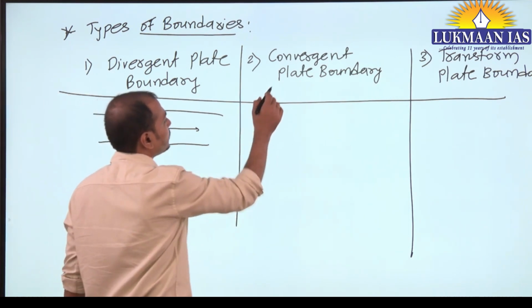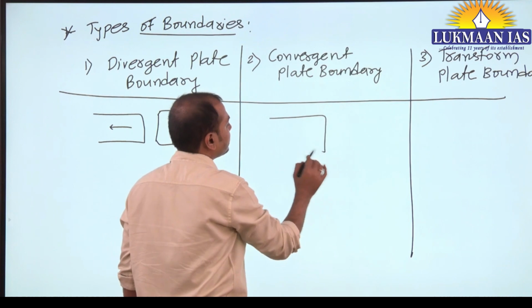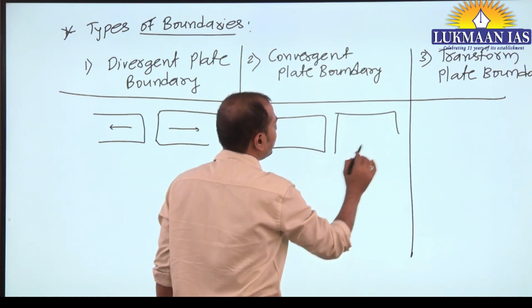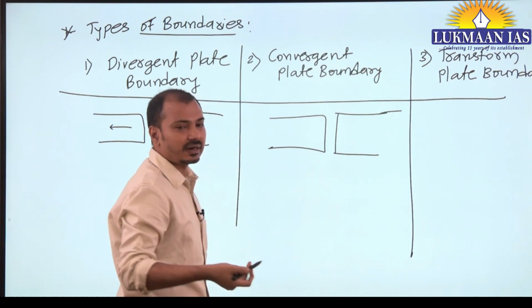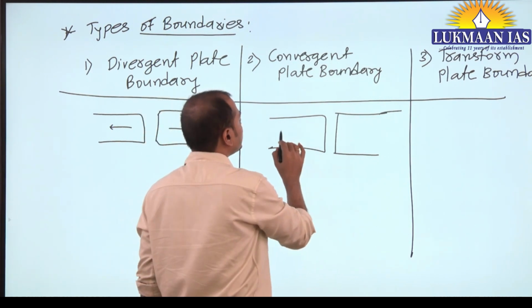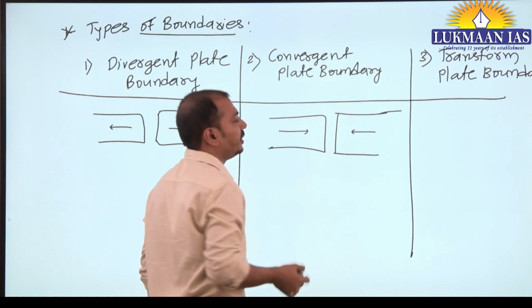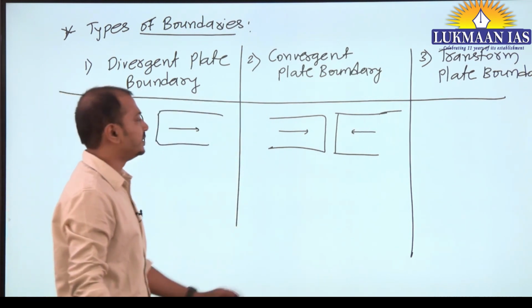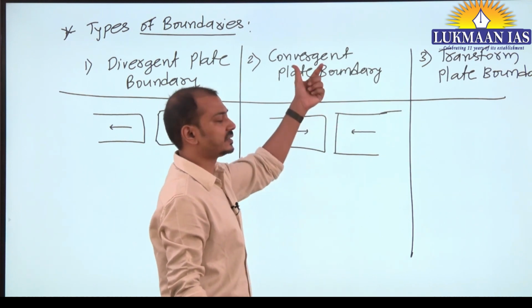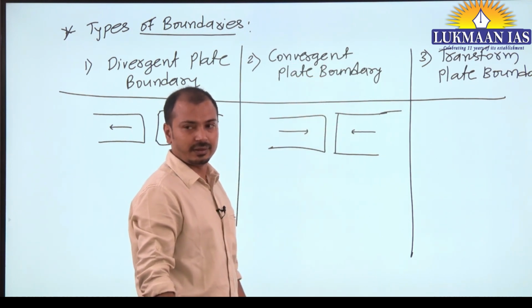If we draw convergent plate boundary, two plates like this, convergent means they are coming together. So their movement will be towards each other, and this interface is convergent plate boundary, right?